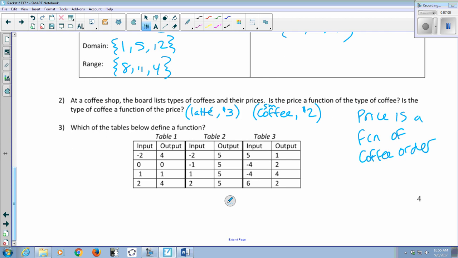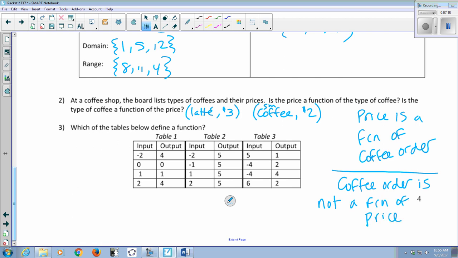Either one could cost me $5, right? So coffee order is not a function of price, because any price could be paired with two different orders, more than one order.